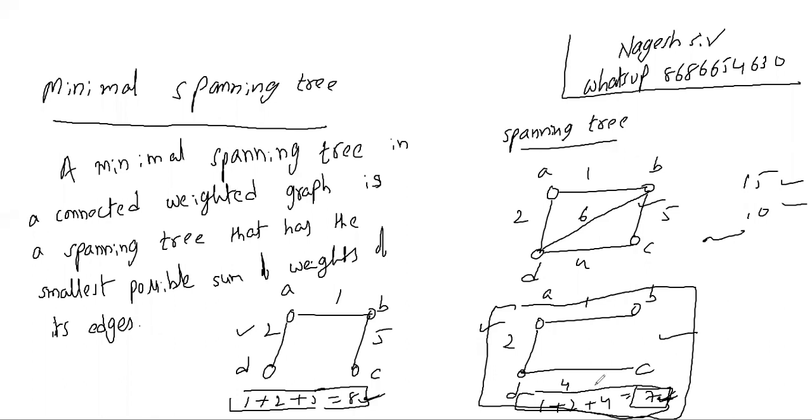So to avoid such a process, we have two main important methods. One is Prim's algorithm, the second is Kruskal's algorithm. Using these two algorithms, we will try to find the minimal spanning tree.